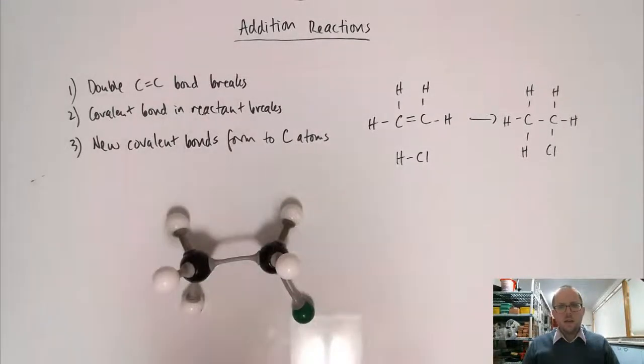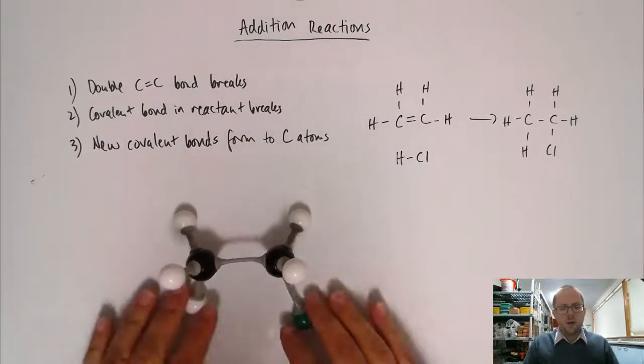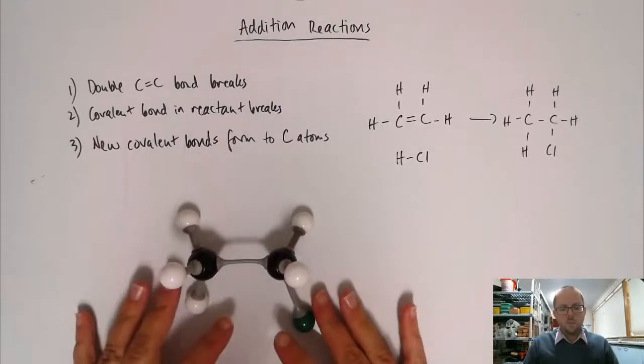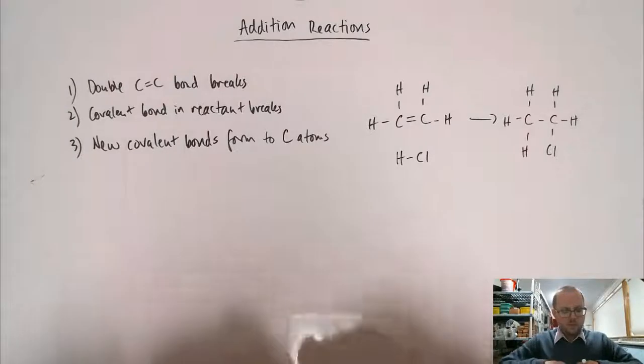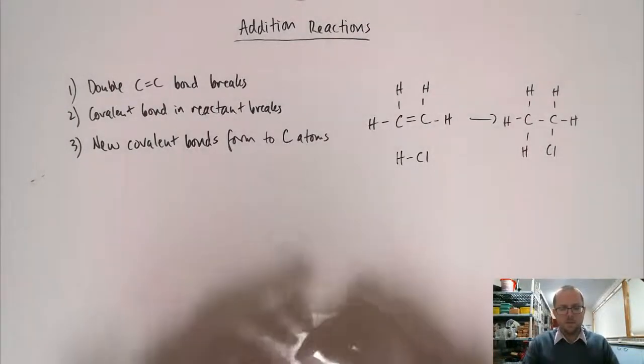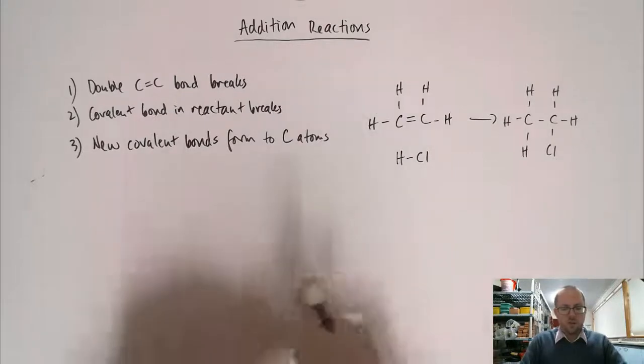Okay, now in this sort of situation, it's actually quite interesting because what we see is that we have more than one possibility, more than one way around that it could form. Now, in this particular case, it's probably not the best example, so I might see if I can show you another one.